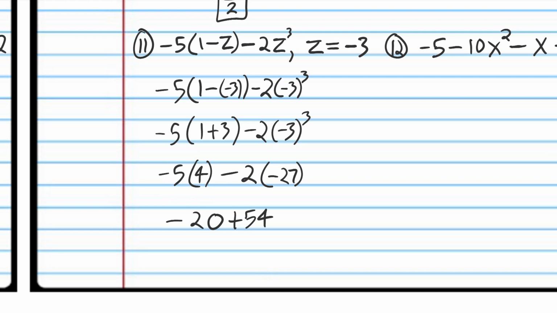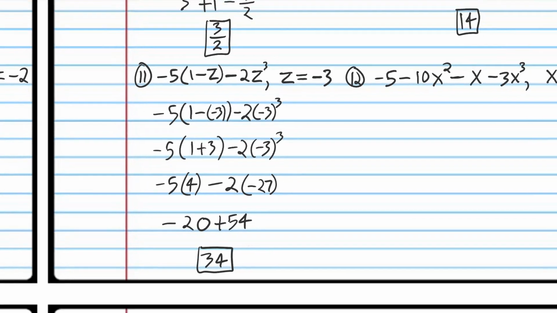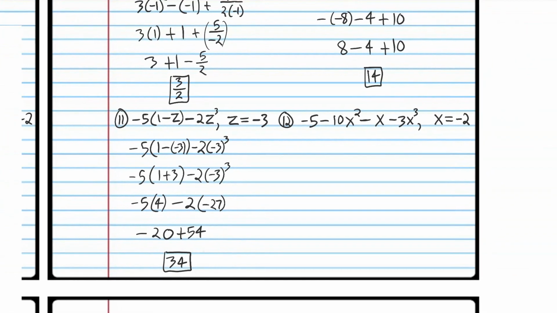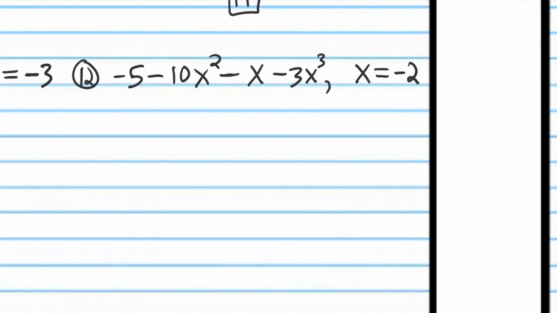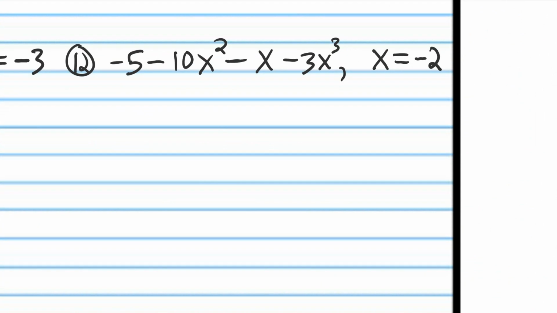So you got to have a plus sign there because that's +54. And -20 plus 54 is 34. So if you got 34, good job. All right, try number 12, and when you come back, we'll do it together. All right, we're back.